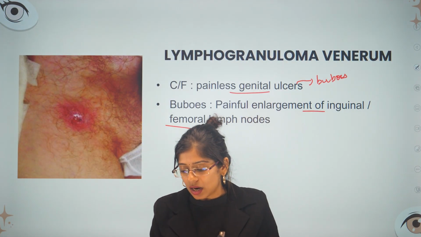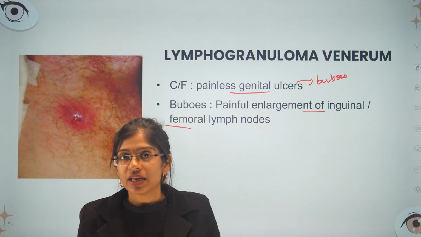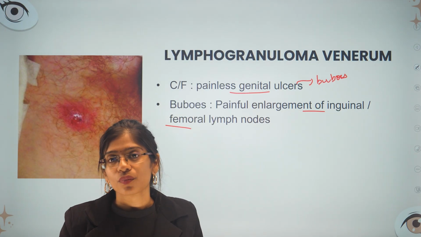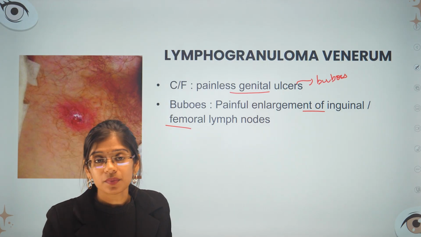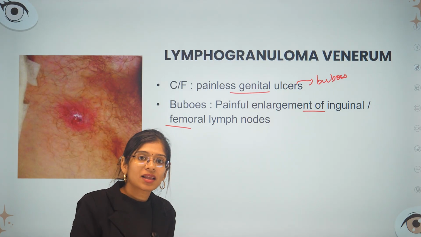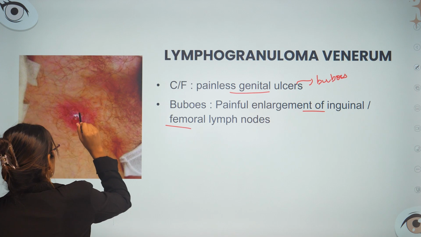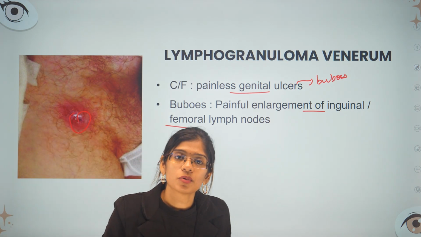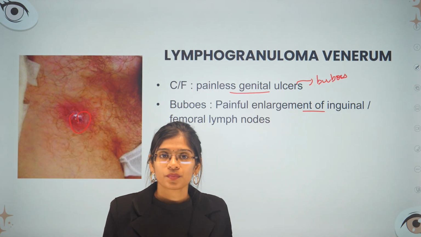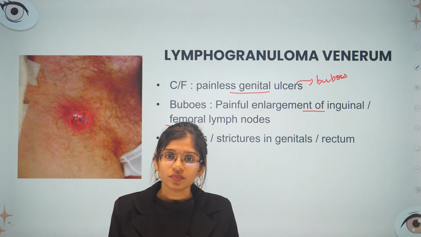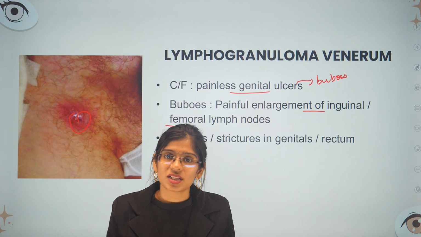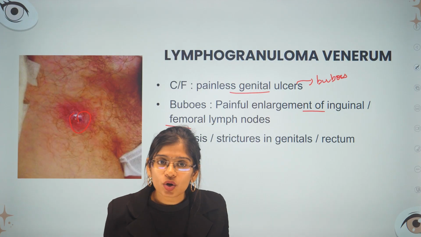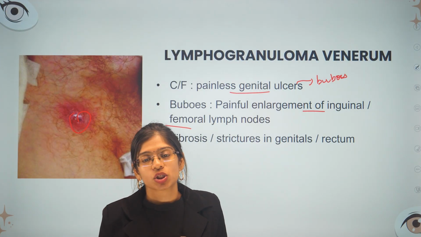So if this infection, LGV, lymphogranuloma venereum, progresses, it can become buboes. And complications of this condition: if we don't treat it, the genital ulcers can undergo fibrosis, causing strictures in the genitals or rectum.